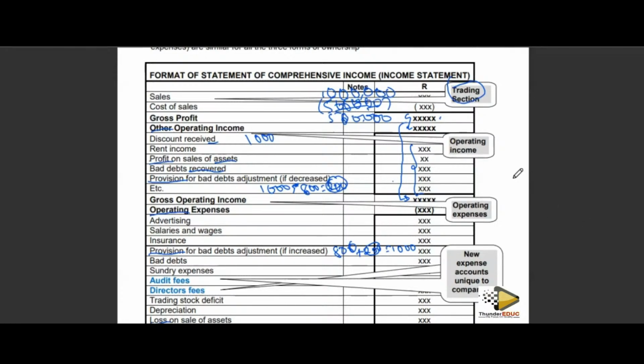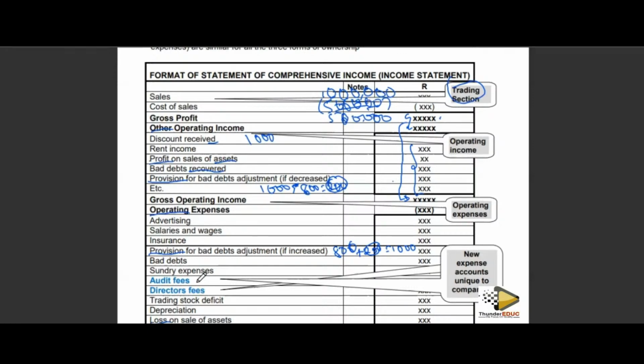Then we have, they're saying these are new expense accounts unique to companies. Which ones? We have the audit fees. Remember, by law, all public companies must be externally audited by an independent auditor.